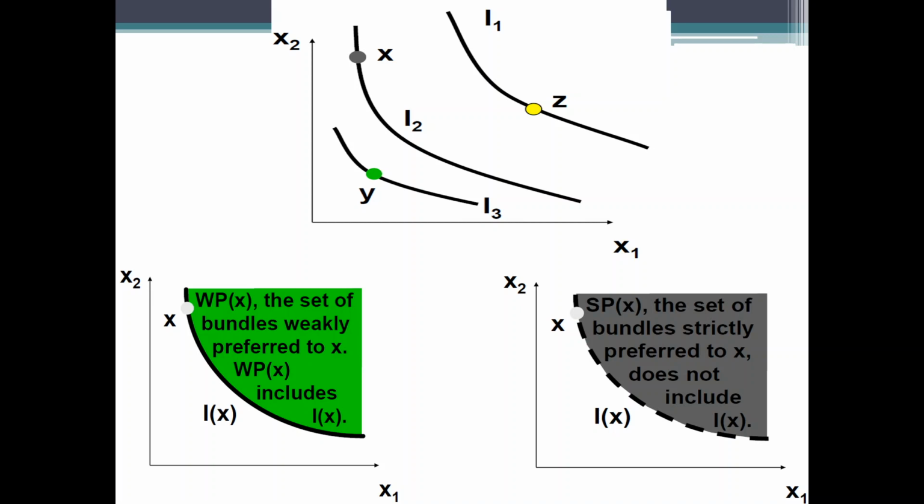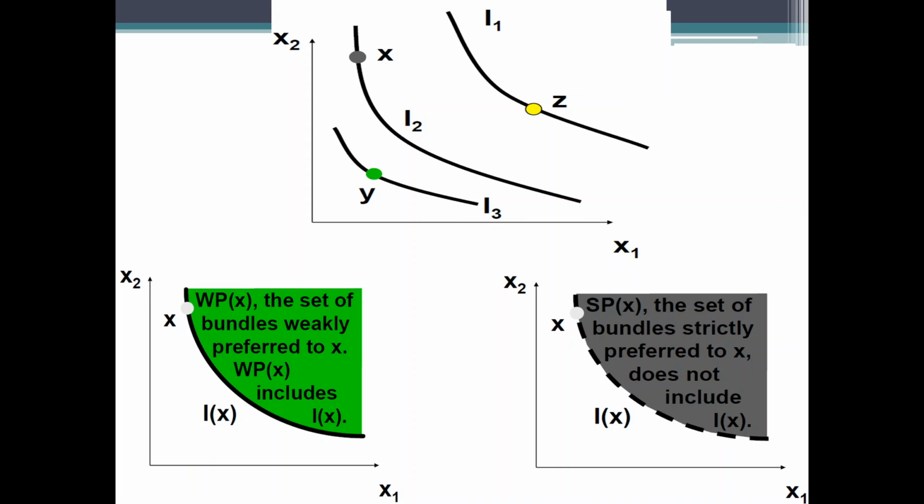Weakly preferred or strictly preferred or indifferent? Yes, across any indifference curve, all consumption bundles are giving the same level of satisfaction, and the consumer is indifferent across them all. He has the same level of preference. Okay.